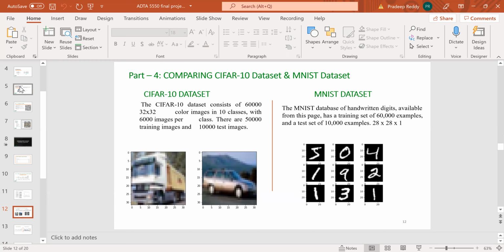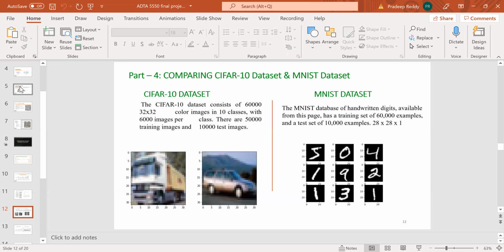The values are labeled from 0 to 9, there are 10 classes in the CIFAR dataset, and the images are of size 32 by 32 by 3. Whereas in the MNIST dataset there are around 70,000 images, of which 60,000 are in the training dataset and 10,000 in the testing dataset.